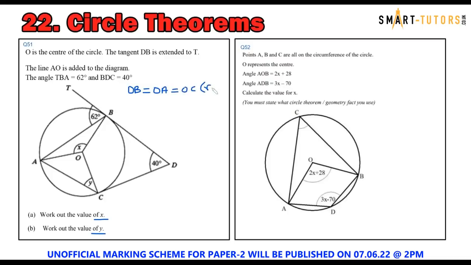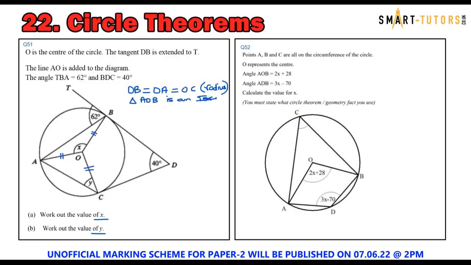Why is that? They are all equal because of the radius. So this is equal, and this is equal. What does that mean? AOB is an isosceles triangle. So triangle AOB is an isosceles triangle.